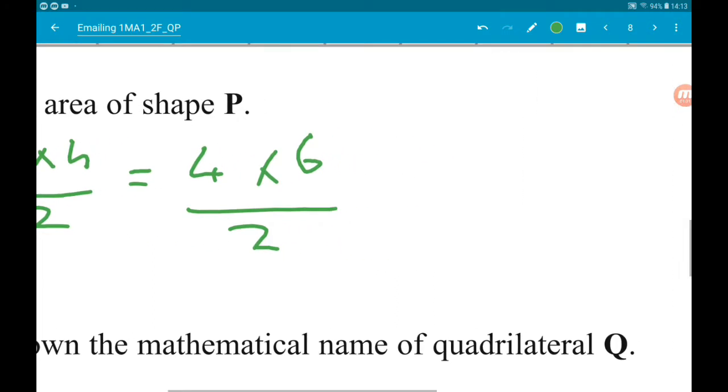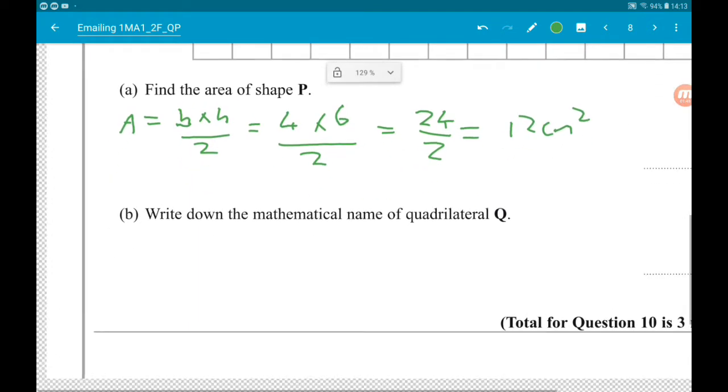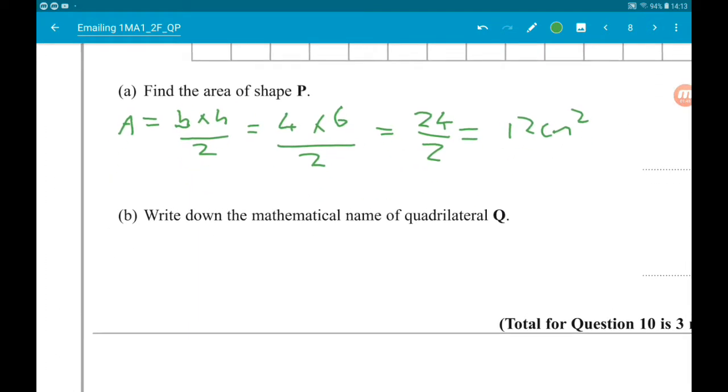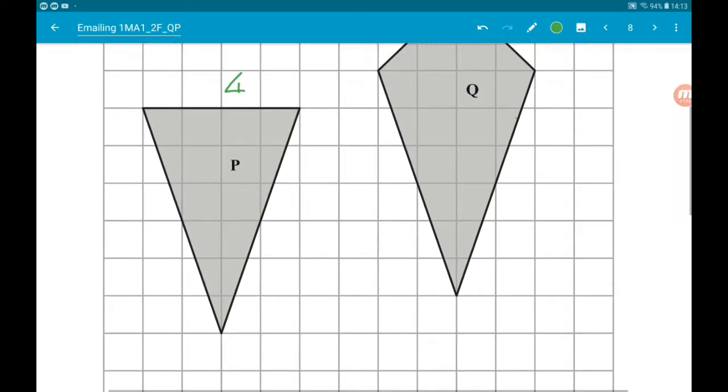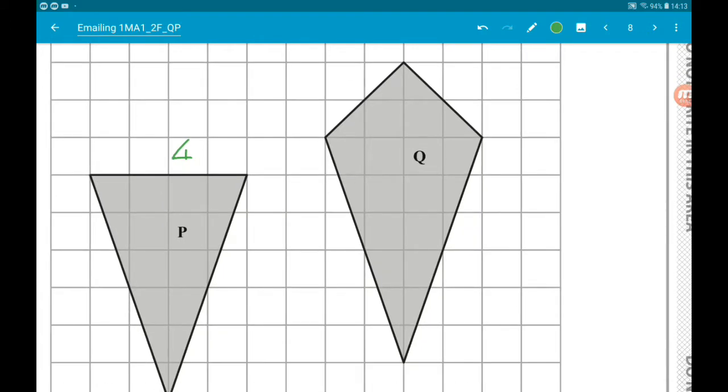Now 4 times 6 is 24, so we got 24 over 2, which is 12 centimetres squared. Okay, and then part B wants the mathematical name of quadrilateral Q. So, this guy is a kite.